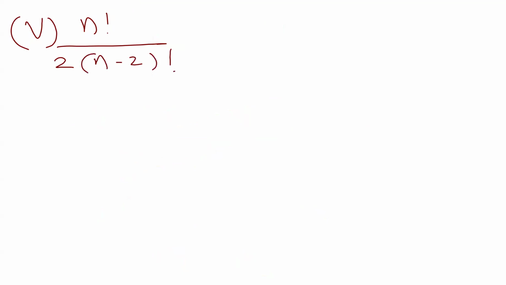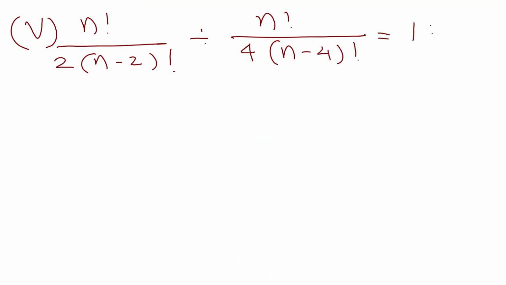Sub question 5. N factorial upon 2 into n minus 2 factorial divided by n factorial upon 4 into n minus 4 factorial is equal to 1 is to 6.